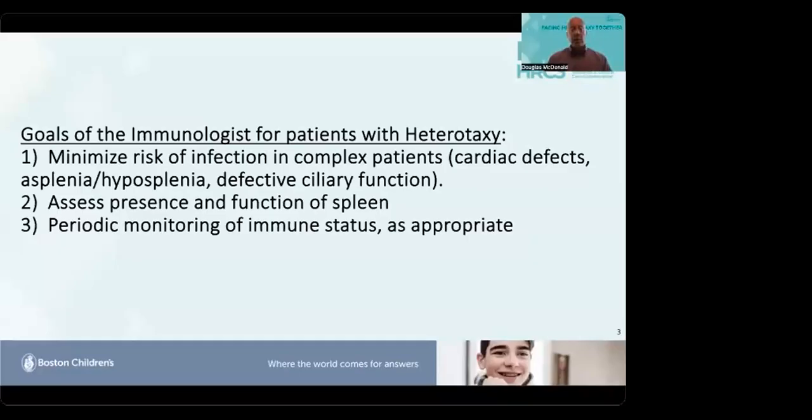So our goal is to assess for the presence as well as the function of splenic tissue, and then to monitor these patients in terms of their overall immunologic function, with intervals as appropriate depending on the patient's condition.